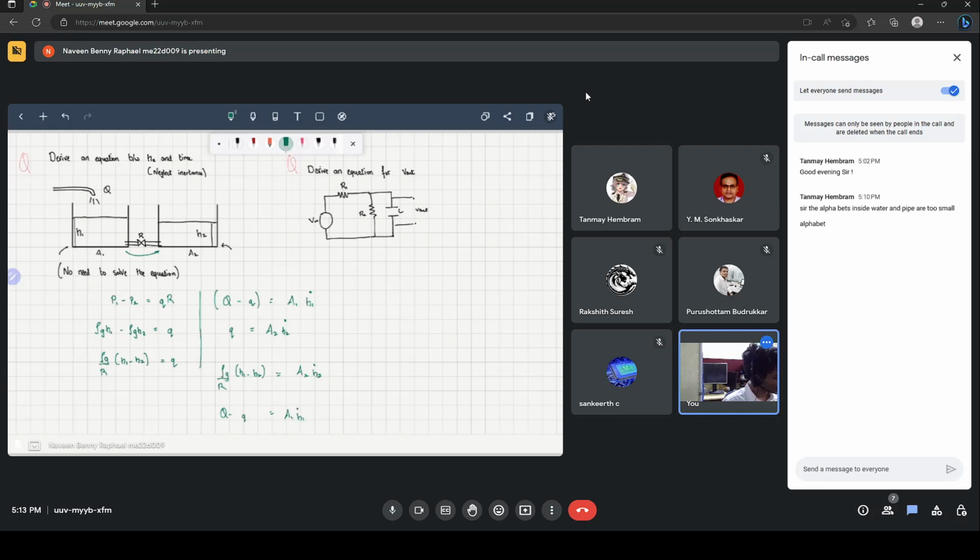So this gives us a coupled set of equations, and we can solve these simultaneously. These will be the governing equations of this system.